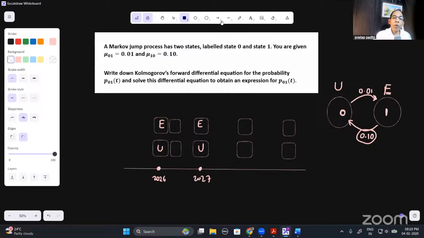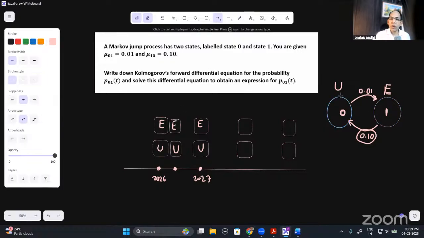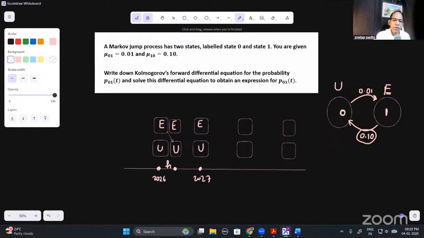If you want to know the probability, you have to take a small time period. In CM1 also, you remember, we have taken a small time period, dt. So you take a small time period, then you can write unemployed to employed according to this, or employed to unemployed, whatever you want. Suppose you want to find this probability, you have to take a very small time interval, suppose this is h. You need to convert to probability, that means you have to multiply with mu.